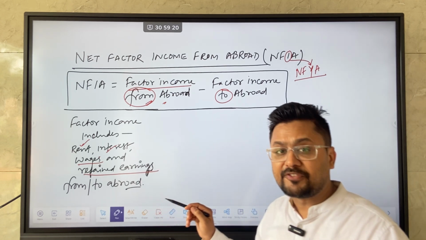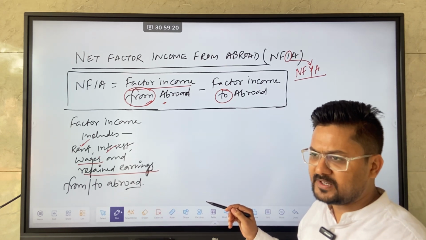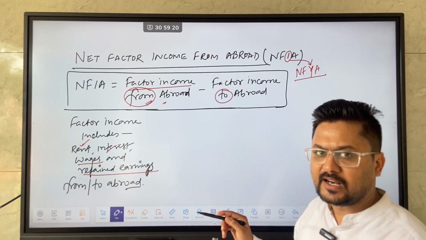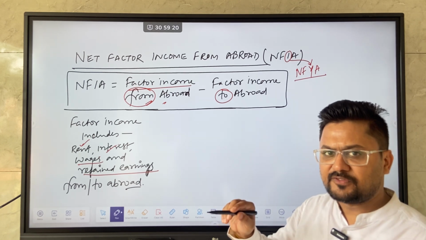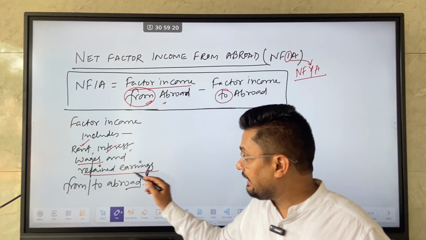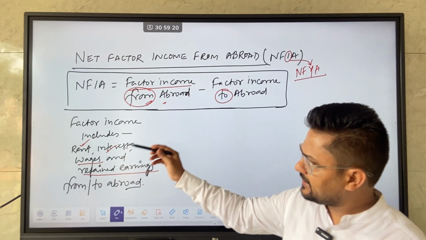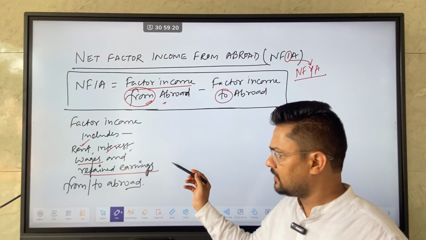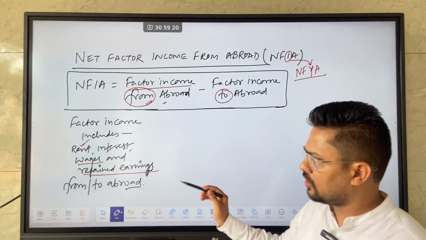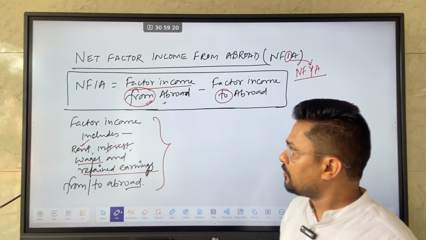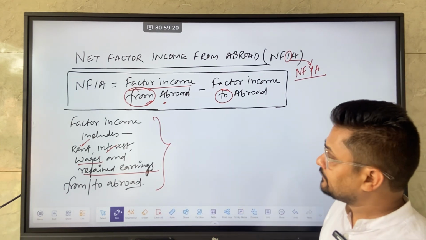Simply, when we say profits of the entrepreneur, companies operating in different countries, whatever profit we generally talk about is retained earnings from or to abroad. So it's rent, interest, wages, or retained earnings. It can be from or to abroad. Remember, these are the components of factor income.